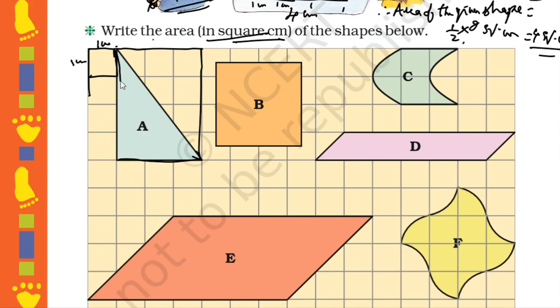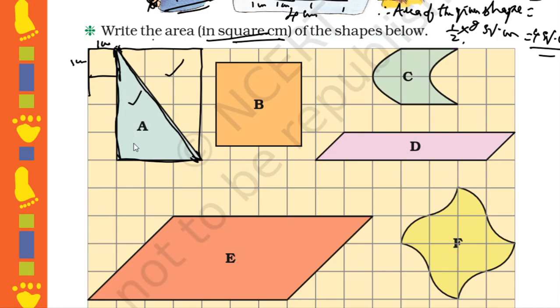Just observe it. If you join these two opposite corners of the rectangle, this divides the rectangle into two equal halves. So this is one triangle and this is another triangle. These two triangles are of the same size and the same shape.